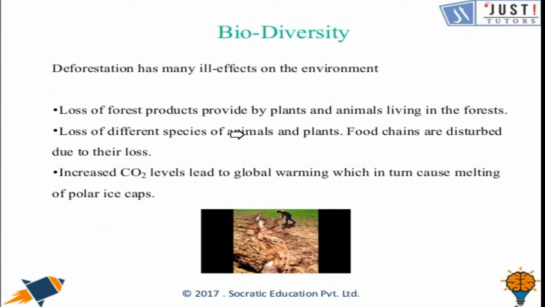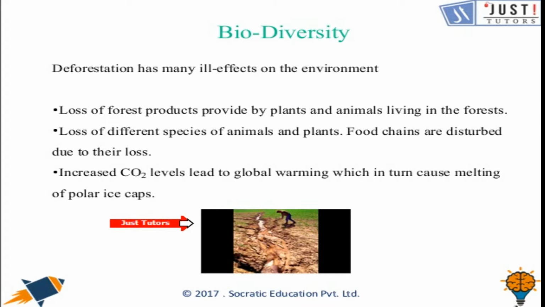The first ill effect is loss of forest products provided by plants and animals, like honey and wood, because if there were no forest we wouldn't be able to get these products. There is also loss of different species of animals and plants, and because we are cutting down the plants, the level of CO2 will increase, and with that rainfall becomes scanty as there are no trees.